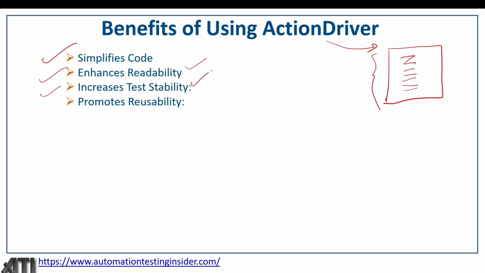So tests will be stable because wherever we want, we can call those methods in all the page classes. Promotes reusability, this is what we have discussed. So we can call all those action related methods in our respective page classes, and we can reuse the same method again and again in our test script based on the usage.